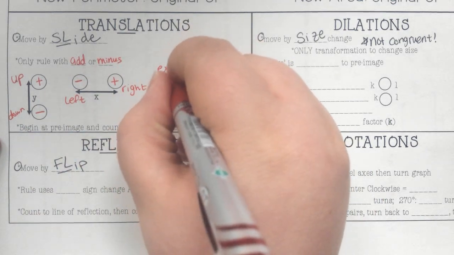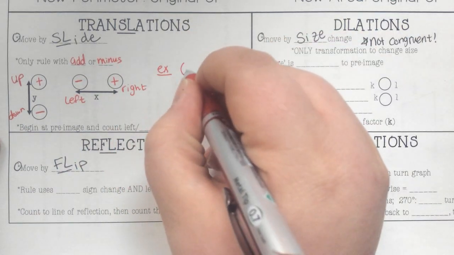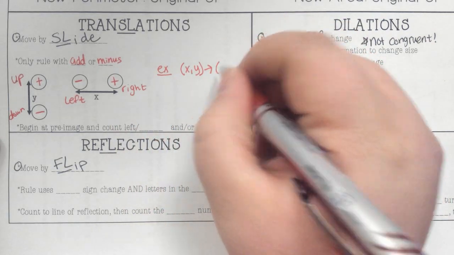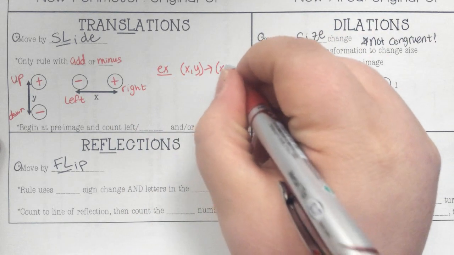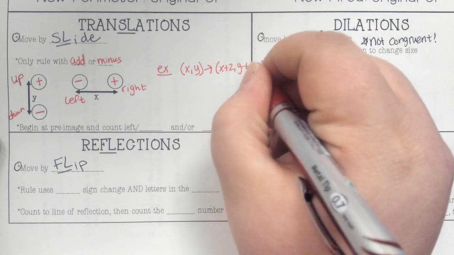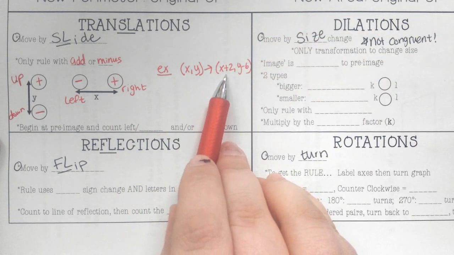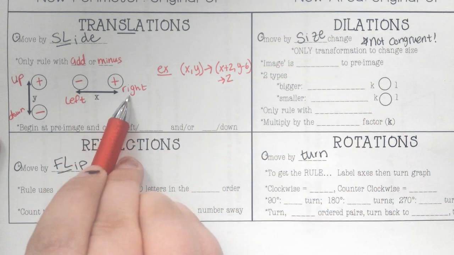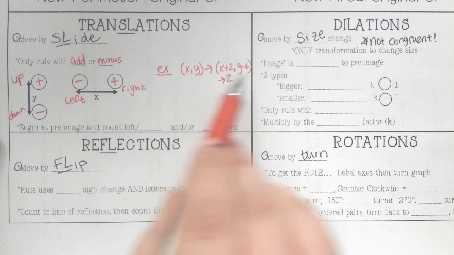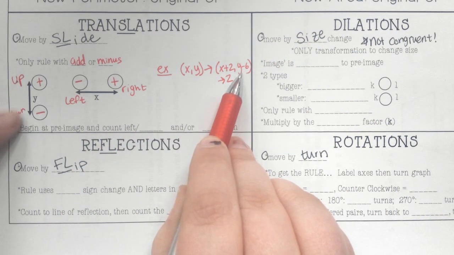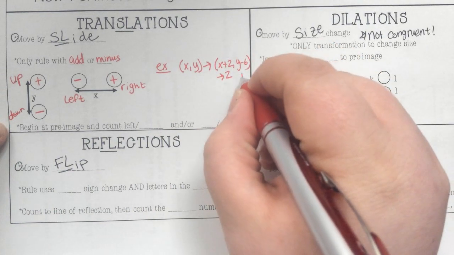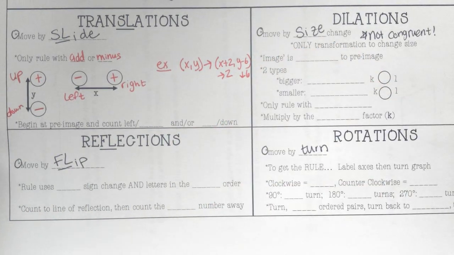So as an example, if we had a rule, our normal ordered pair x, y transformed to x plus 2, y minus 6. This would be a translation that goes right 2, plus 2 on the x, and then this changes the y. So on the y-axis, a minus means down, so y minus 6, or down 6.